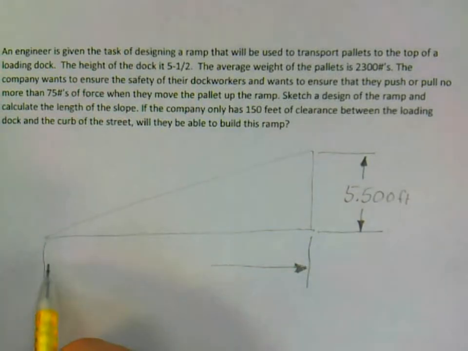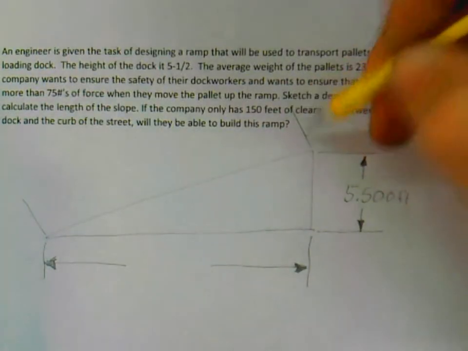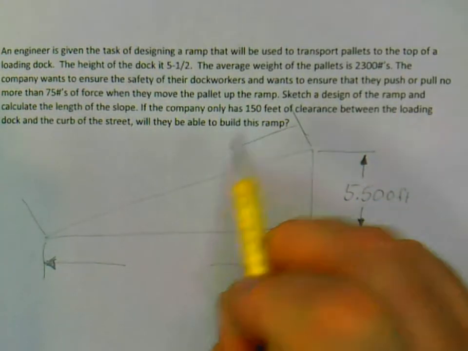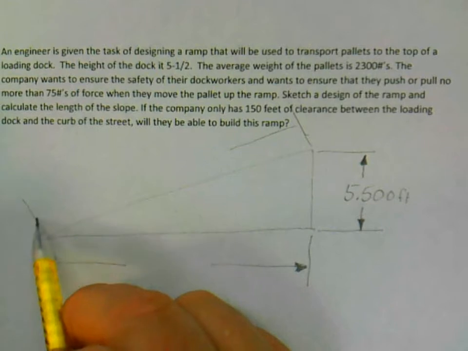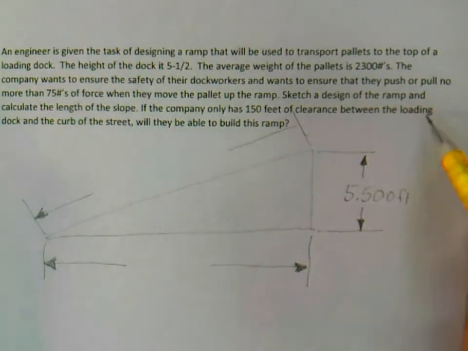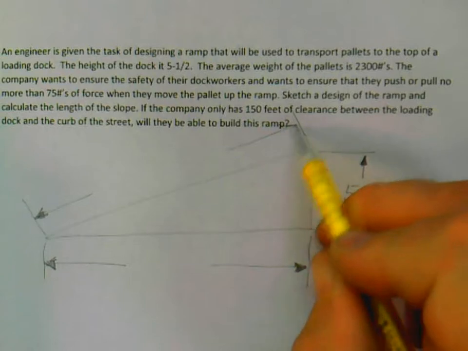And of course I also have my slope, or this dimension going from here to there, and I'm not sure what that is, but I do need to calculate and figure out what that's going to be, because it asked me in the question. So calculate the length of the slope. I'm going to be finding out what this is as I do my calculations here, and I'm going to leave these open for right now.